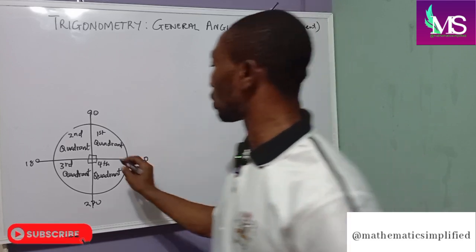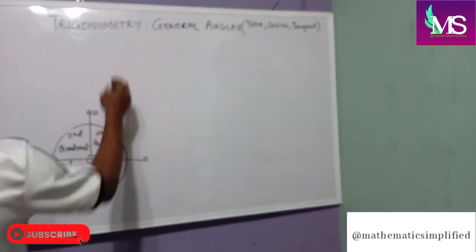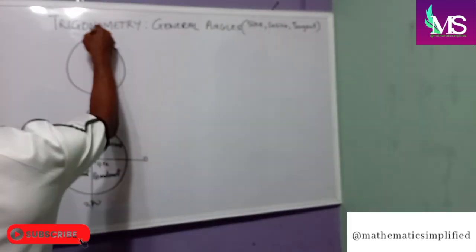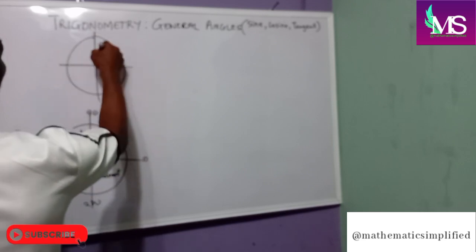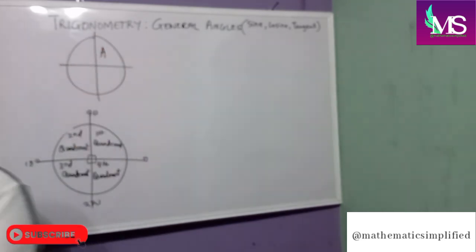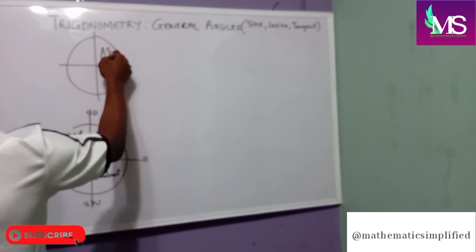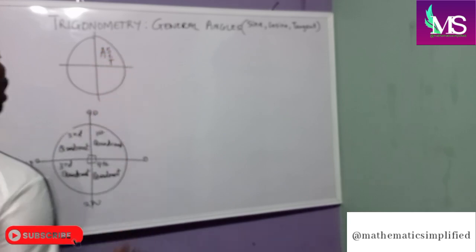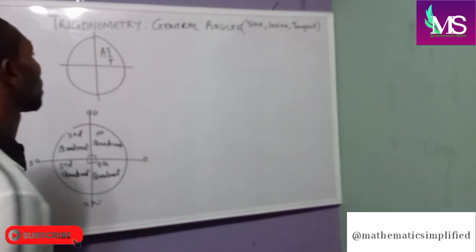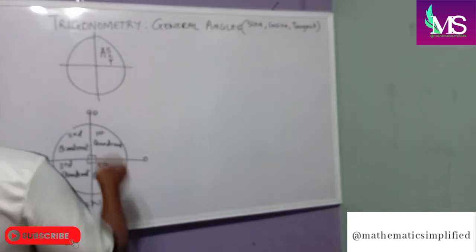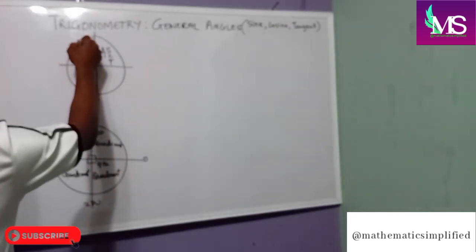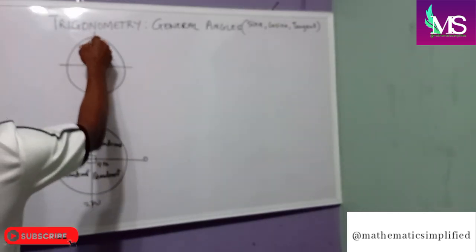Now, for us to apply this in each quadrant, it is important to know that in our first quadrant, all are positive. What do we mean by all are positive? Our sine, cosine, and tangent are positive in the first quadrant. In the second quadrant, only sine is positive.